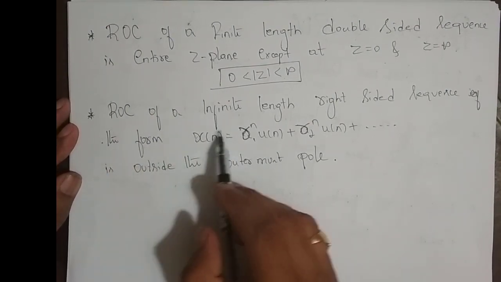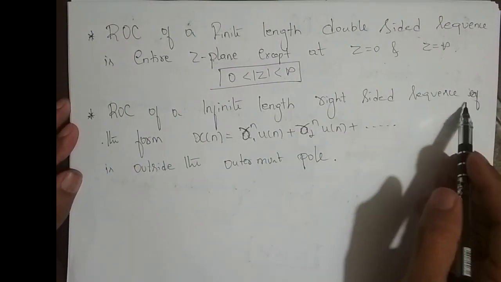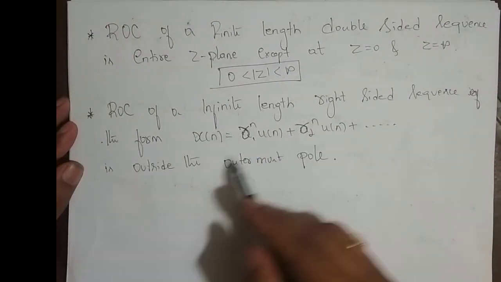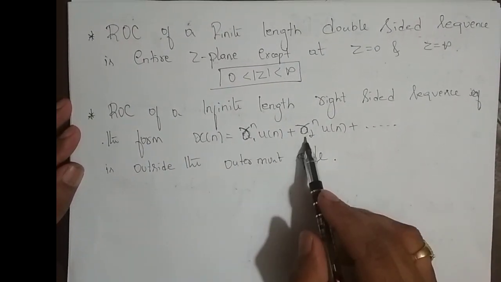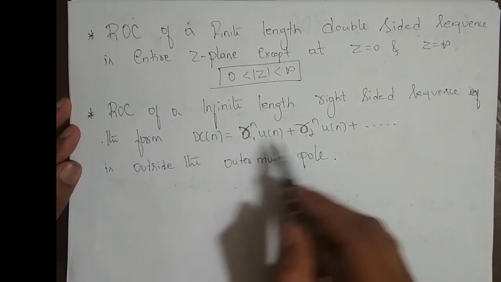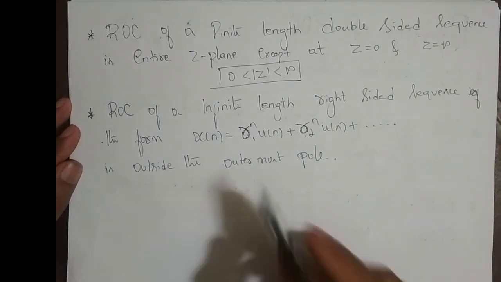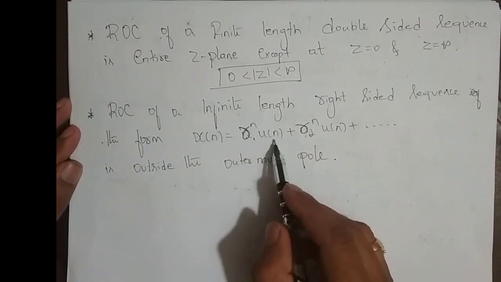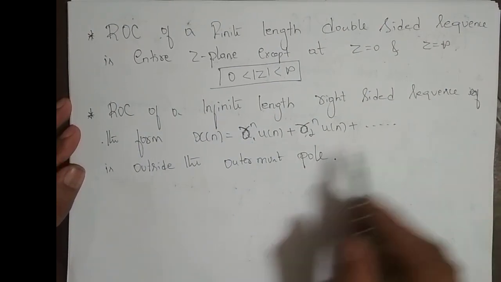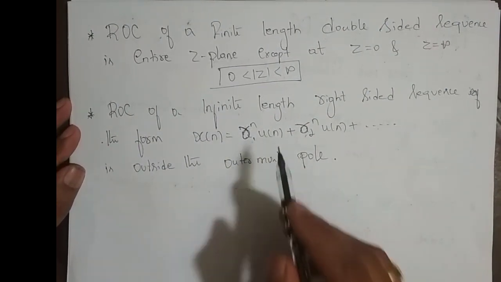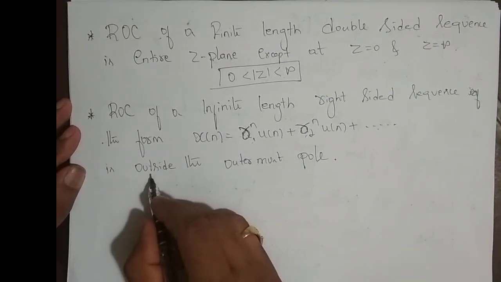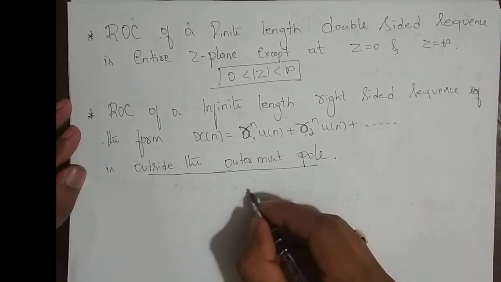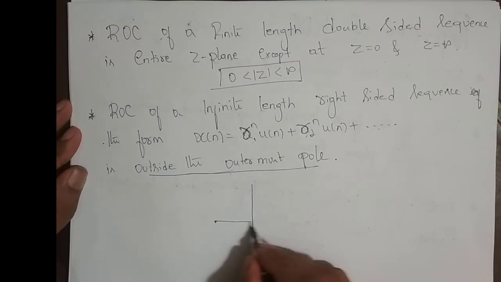And ROC of an infinite length right-sided sequence of the form, we have taken up this kind of problem in the previous videos, but I have taken it as A1, A2, A3. Here we will talk about R because this corresponds to the radius of the circle. So it is R1 power n u of n plus R2 power n u of n and so on. If I have more than one right-sided infinite length sequence, then we have seen it is outside the outermost circle.